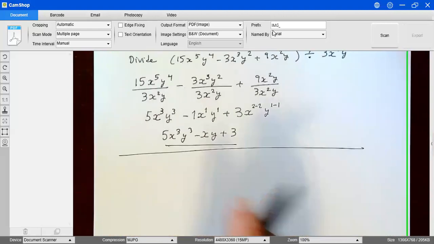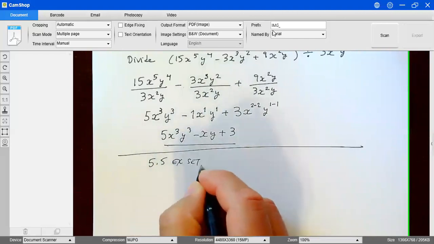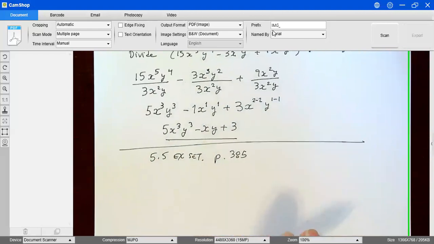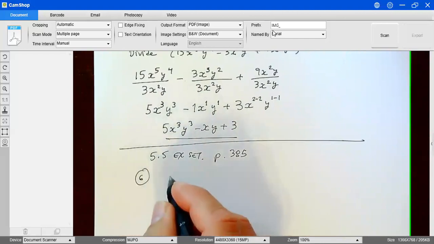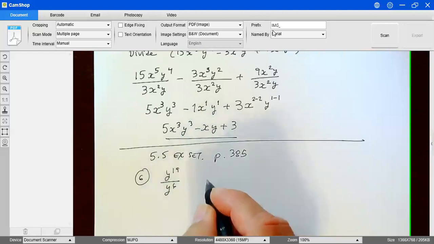So now you have 5.5 exercise set on page 385. We have 6 exercises for you. Number 6 is just y to the 19th over y to the 6th.